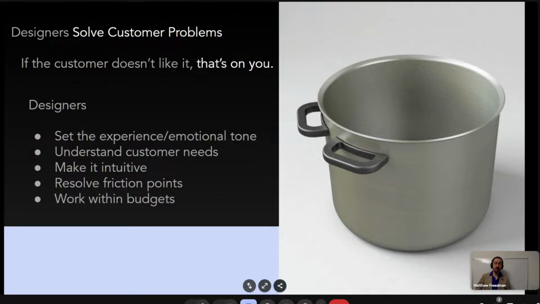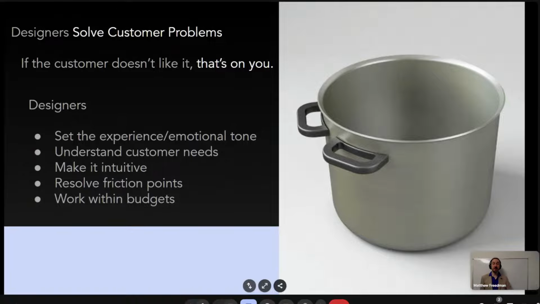Because we are the guardians of customer experience. So overall, for working towards that, you are going to set the experience and emotional tone. How are they supposed to feel about it? Once again, going back to the limbic system, that informs entirely how they will think about the experience, as those initial feelings they have.